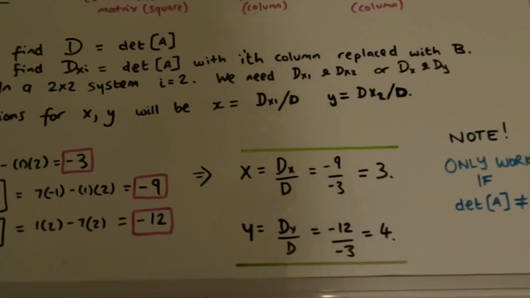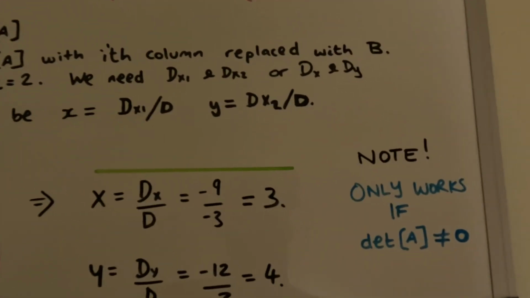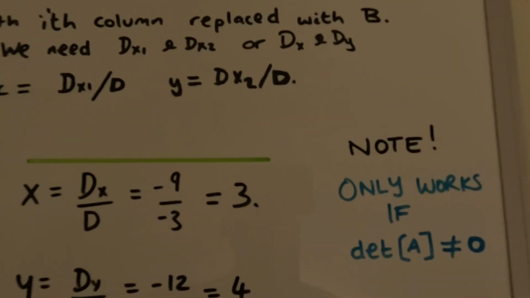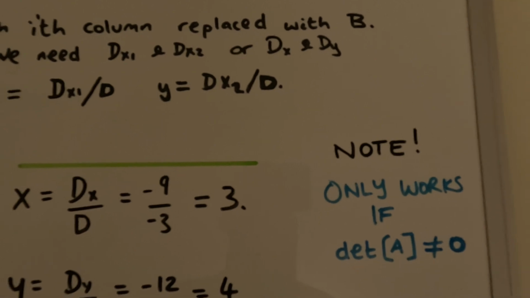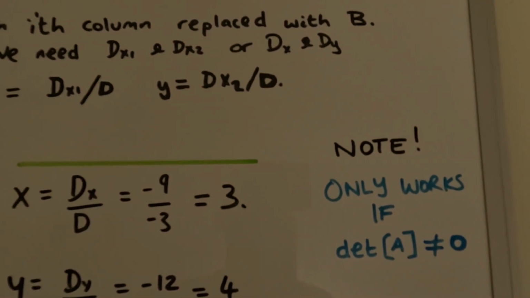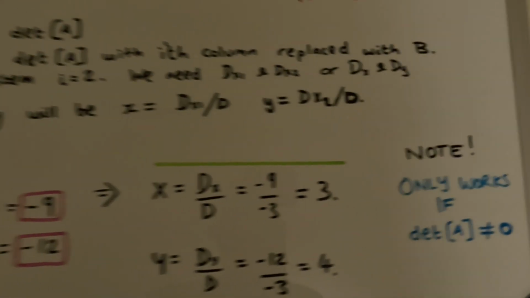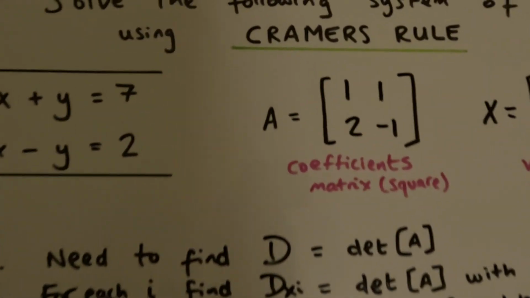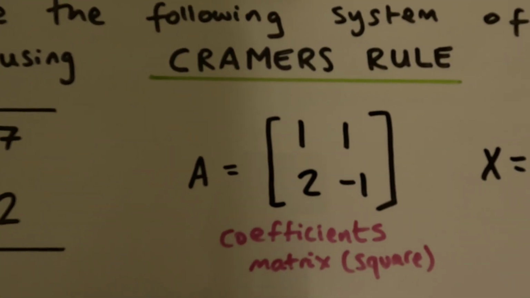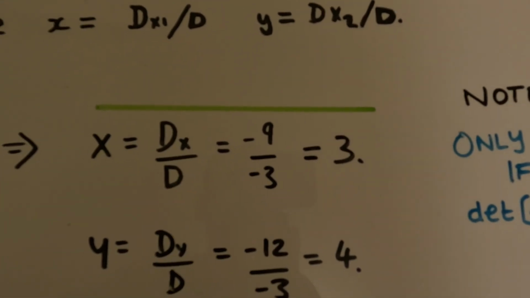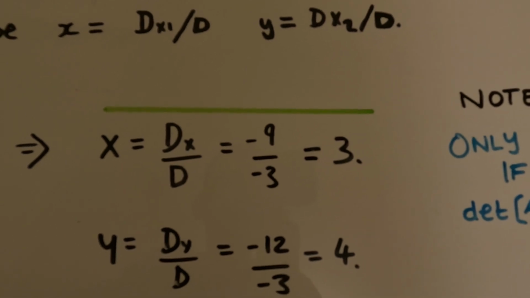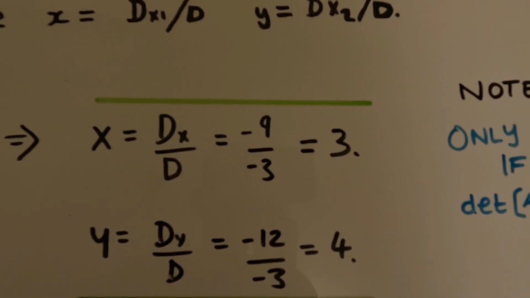Now, one little thing before we go that we need to point out: when you're using Cramer's Rule, it only works if the determinant of the matrix capital A is non-zero. If that determinant was 0, then this won't work, because we would have x equal to dx over d, where d is the determinant of A, and that would be 0.